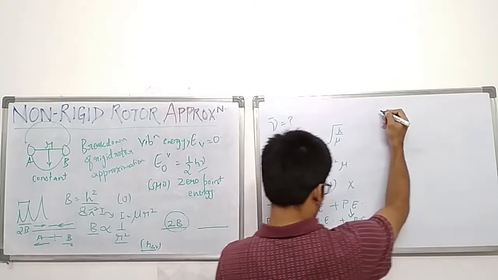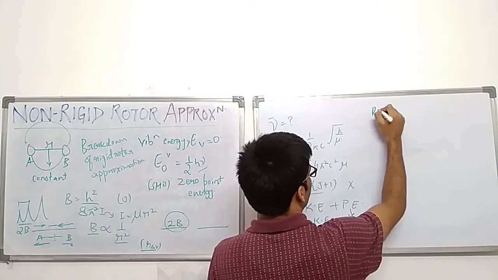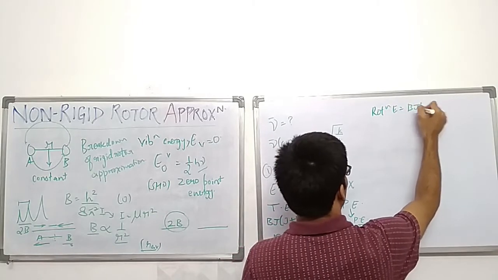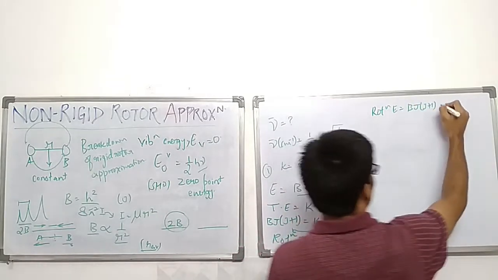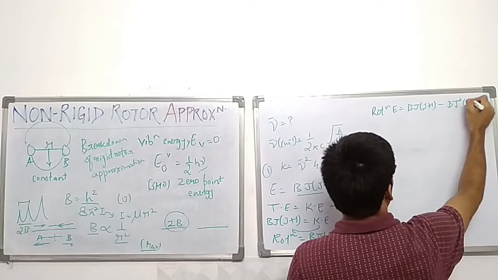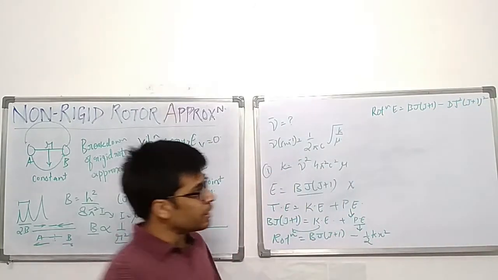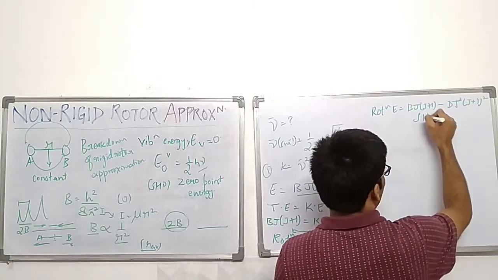But in quantum mechanics, we'll consider this to be minus D J square (J+1) whole square. Now considering this to be a simple harmonic oscillator.